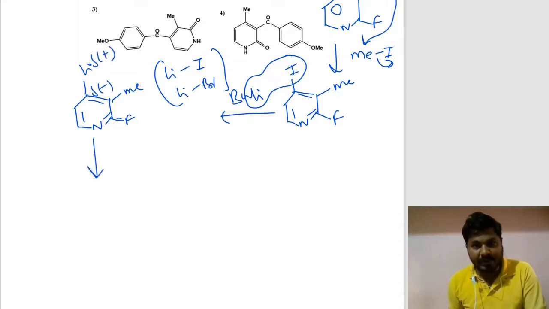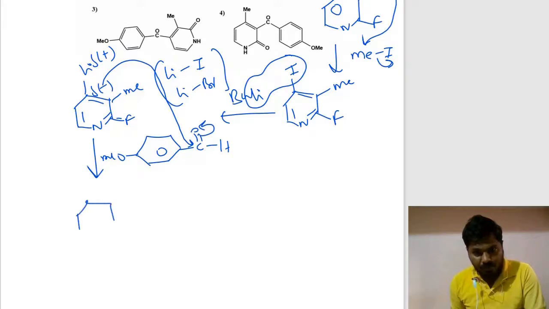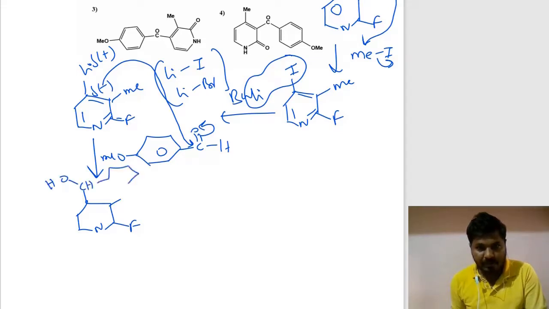Now it is going to attack the next reactant, that is C double bond O, and here is the methoxy group. So this is going to attack here. Okay, now it is going to give the next step: fluorine, methyl, and CHOH, and here just draw the remaining residue OMe.